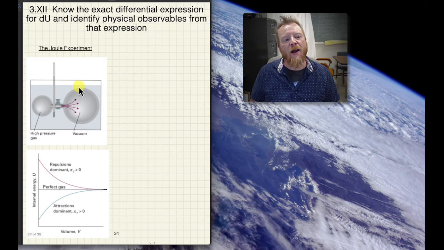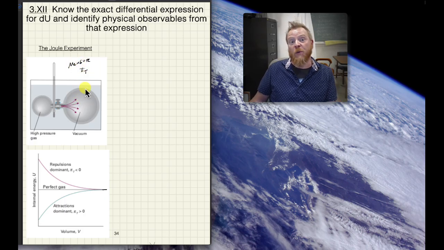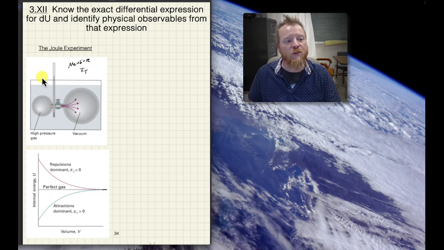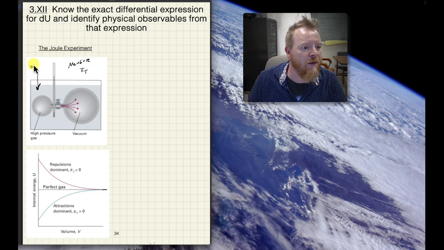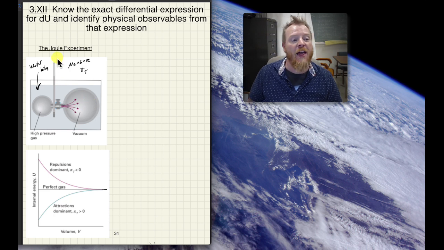So in the Joule experiment, James Joule sought out to measure pi_T with the following experiment. So we had a large water bath, and in that water bath were submerged two chambers, one being at high pressure and one being at vacuum, and a thermometer inside.